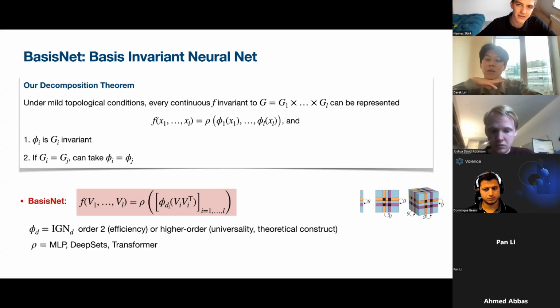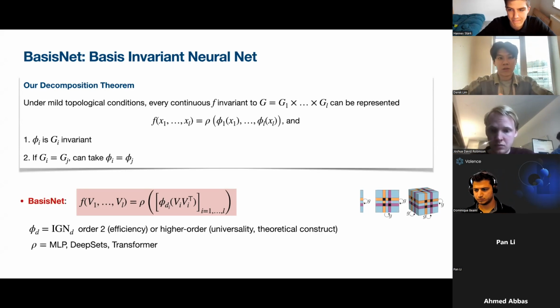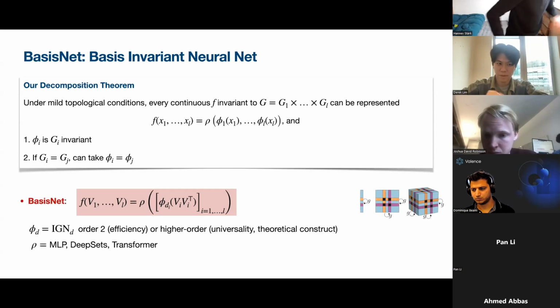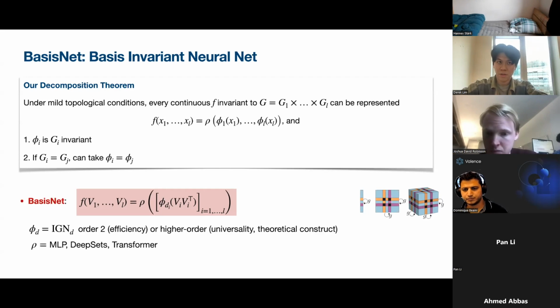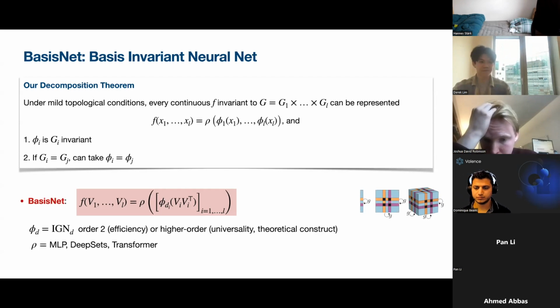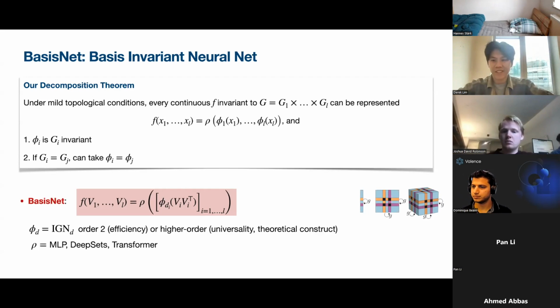So I have a question here. For, let's say, two eigenspaces, when you mention G_i equals G_j, you mean these two have the same dimension? Yes. In that case, do we need to let the corresponding phi equal each other, or can we use different phis for different cases? It's still fine, precisely.